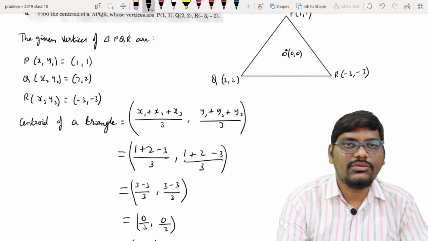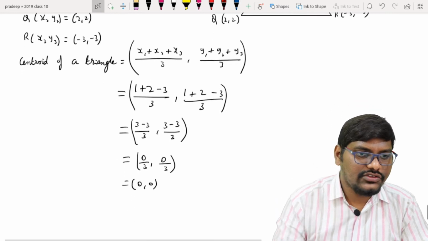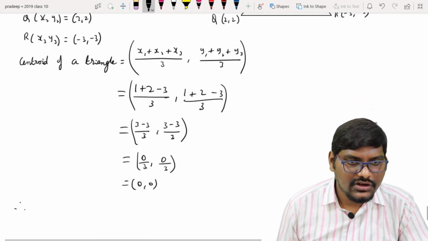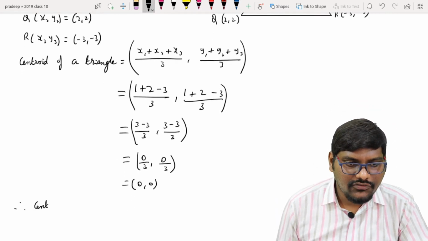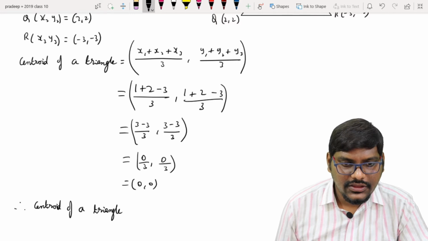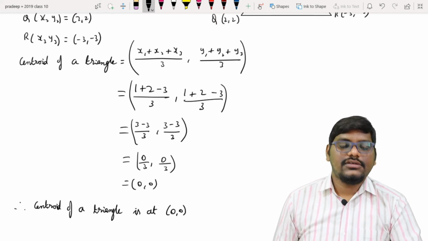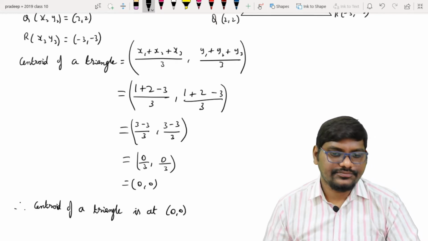Always 0, 0 means in the graph it will be the origin. So we'll write the conclusion: therefore the centroid of a triangle is at 0, 0. So this is all about this question.